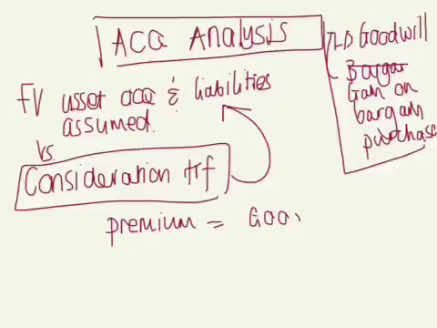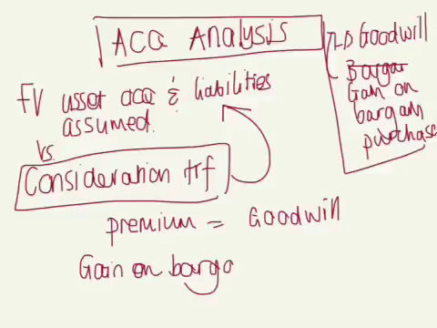So there's goodwill that has been acquired as part of the business combination. If we paid less for the net assets than what the fair value of those net assets were, then of course we got a bargain. So in that scenario we'll record a gain on a bargain purchase. Okay, so let's see which is the case in this question.